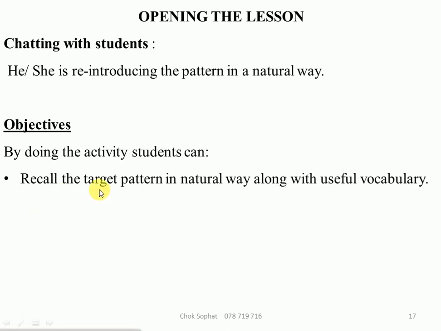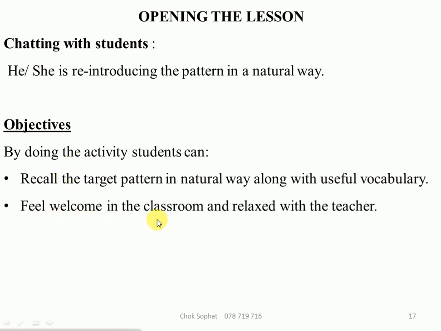This is my objective for these techniques. Feel welcome in the classroom, relax with the teacher, and be involved while latecomers arrive.